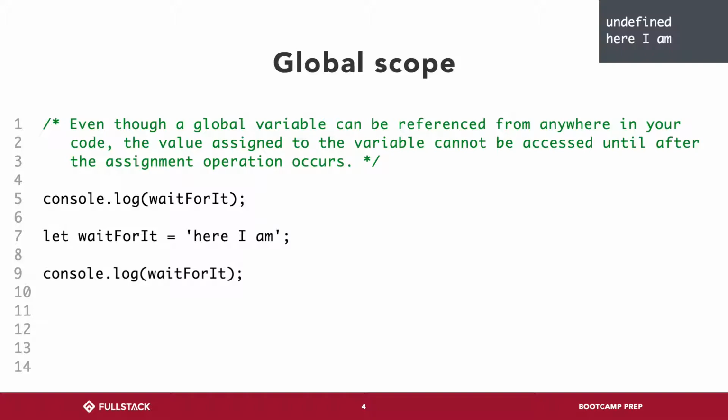The actual assignment happens in this line. So if this was lines 2, 3, and 4, it's actually like this let wait for it goes to the top in line 1, then we log, and it's undefined, then we actually assign it in line 3, and then in line 4 we can actually get the value of it. We'll talk about that a little more later on, but it's just a nuance. It's an optimization that JavaScript does under the hood.